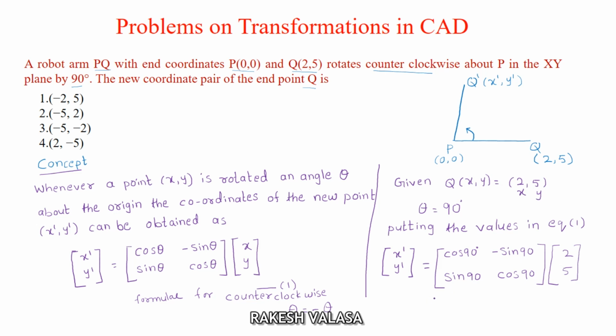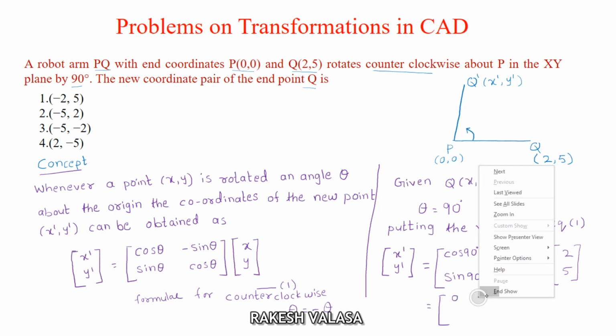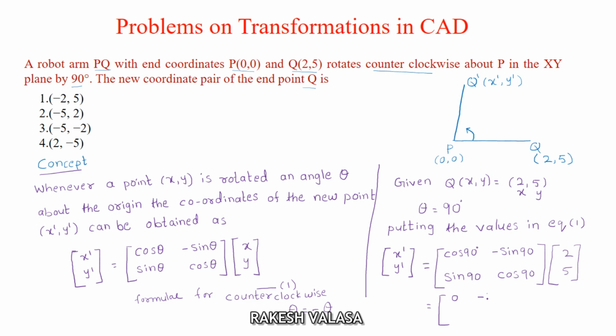Okay, we know that cos 90 equal to 0, sin 90 equal to 1. We can simplify this equation. Cos 90 is 0, sin 90 is 1, so minus 1. This is also sin 90 which is 1, cos 90 which is 0, into 2, 5.